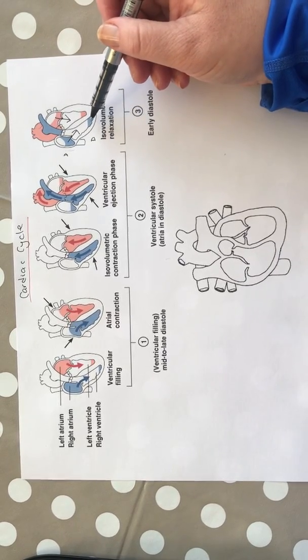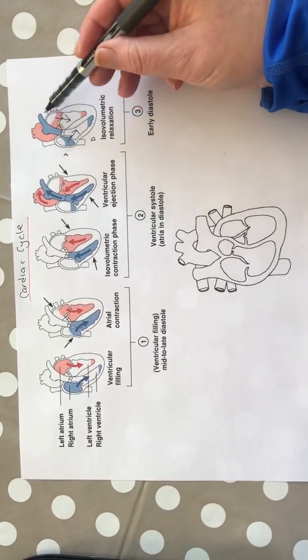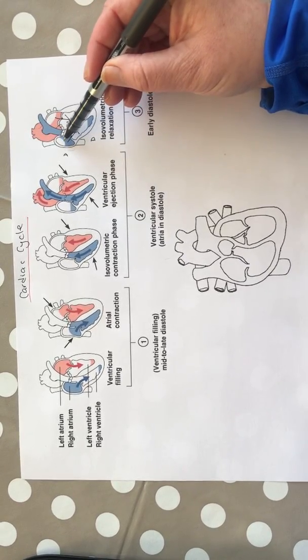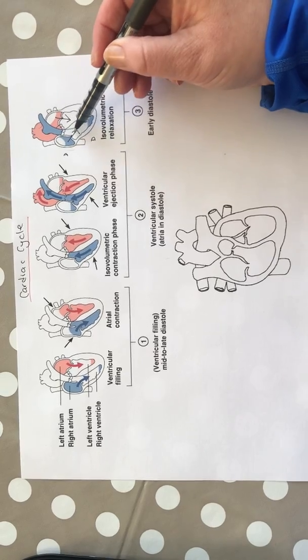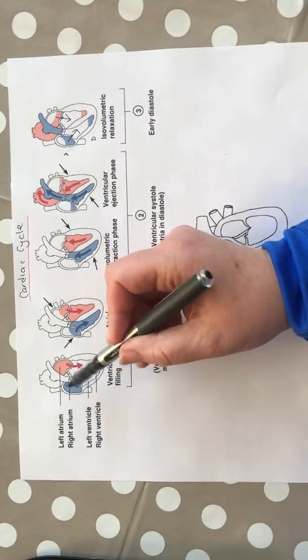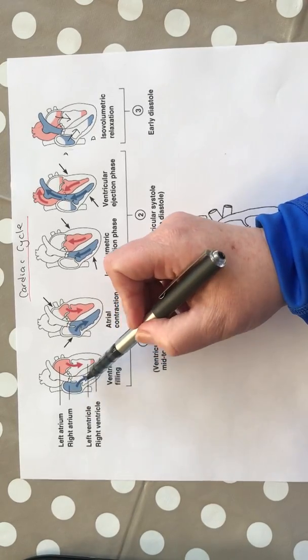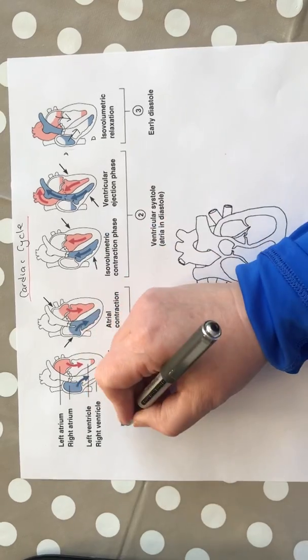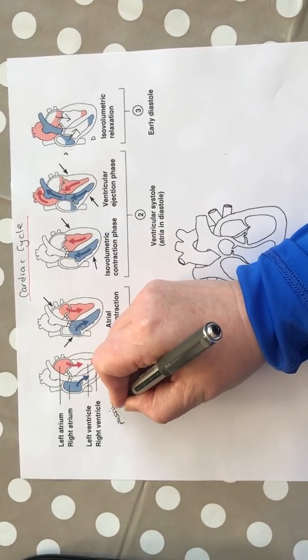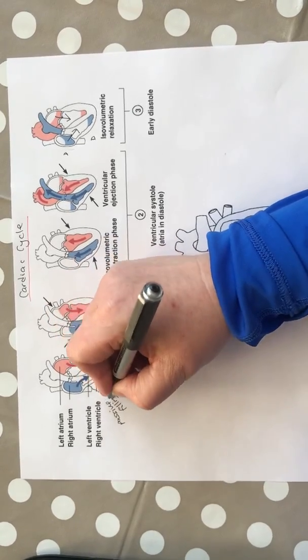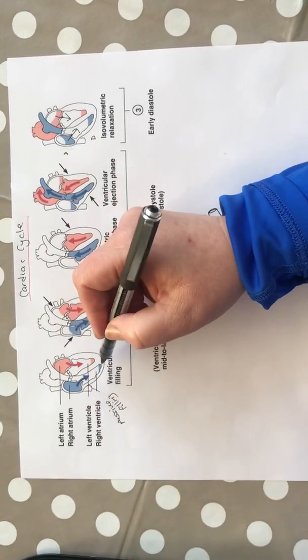What that means is that the volume in all of these chambers remains the same. The pressure will be increasing in here until it's above that, but it stays the same volume, isovolumetric. So here, the blood then flows down from the atria into the ventricles. This is passive, so you've got passive filling into the ventricles.